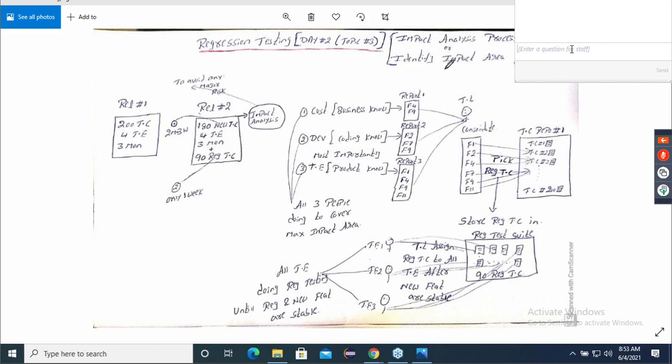Any way he wants, he can ask the question, guys. So impact analysis process, identifying the impact area, picking the regression test cases, or identifying the features for regression testing, everything is the same. Okay, now let's begin.